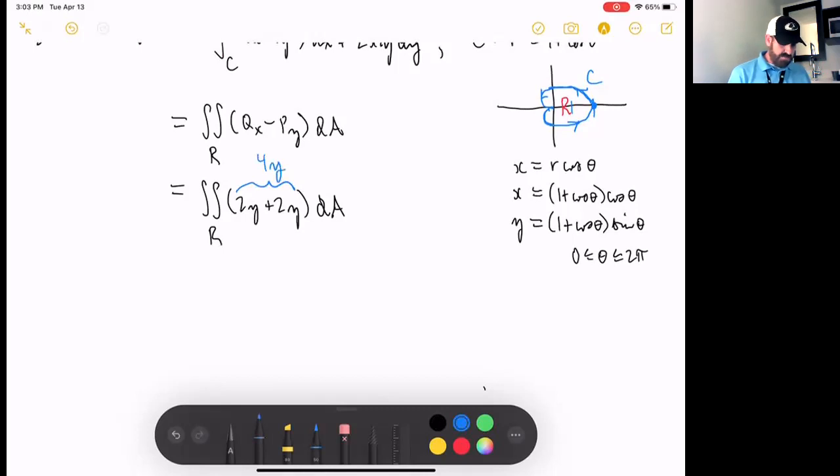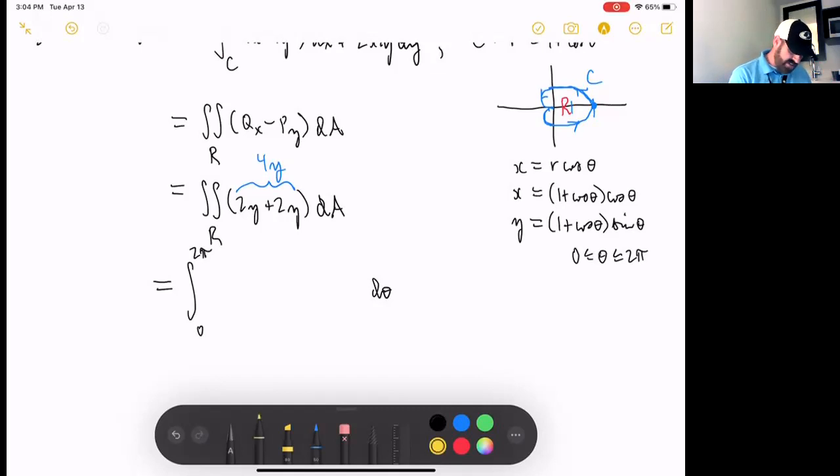And if I convert to polar coordinates, what's the deal going to be? Well, to intercept that entire region R, my theta is going to have to go from 0 to 2 pi. Okay, so that's d theta. And then what else? Well, wherever theta is, R goes between 0 and 1 plus cosine of theta.